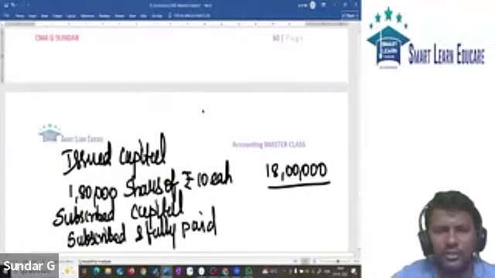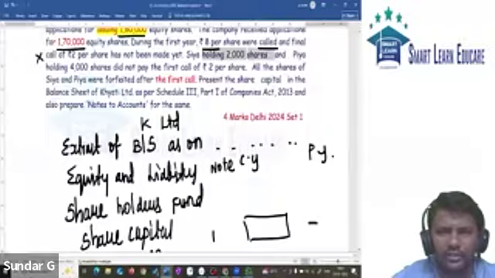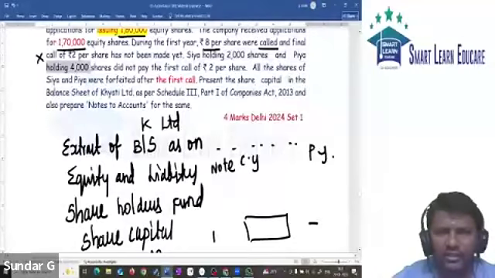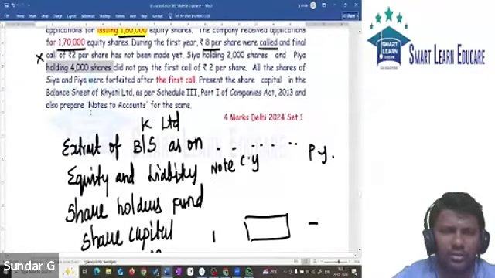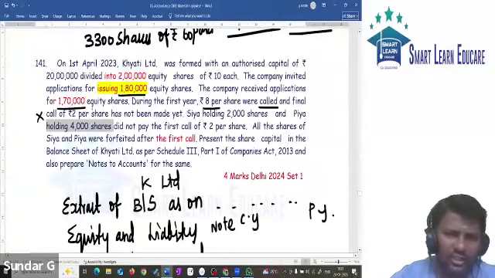One person is holding 2,000 shares, S is having 2,000 shares and F is having 4,000. Total how many shares? 2,000 plus 4,000, that is 6,000 shares for which money is not received.